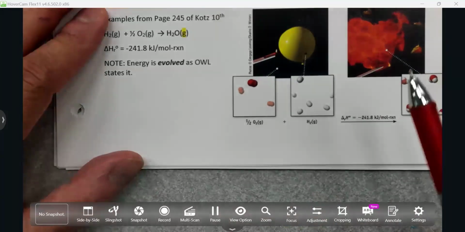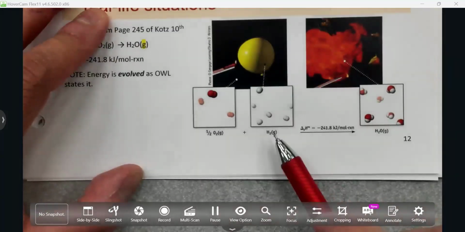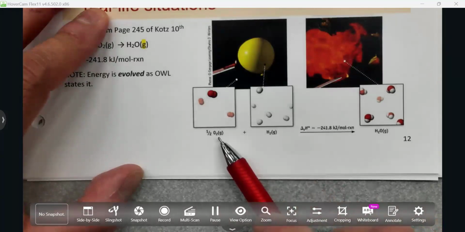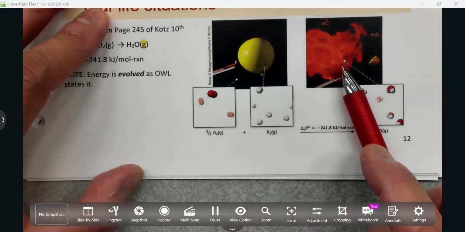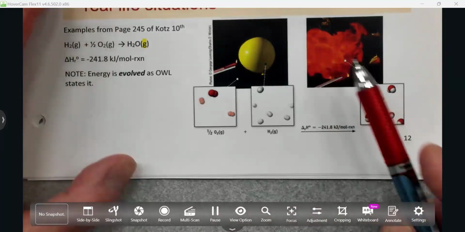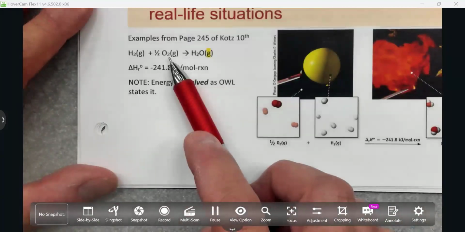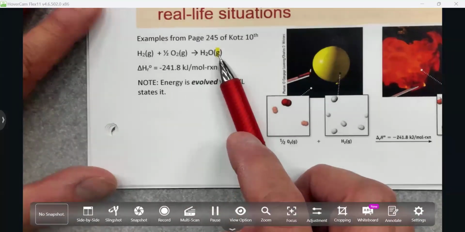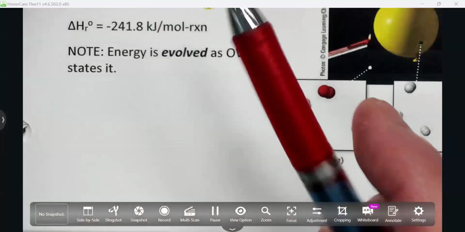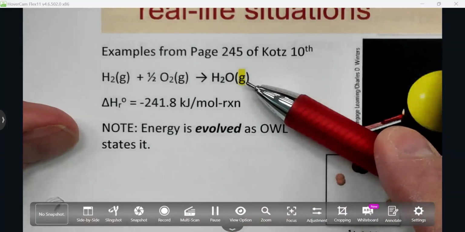I have demonstrated this in class: if we combine hydrogen plus oxygen to make water, we get some heat out of that. So hydrogen plus oxygen gives us water. Now, it makes a difference whether we put the water as a gas or a liquid, different heat contents.